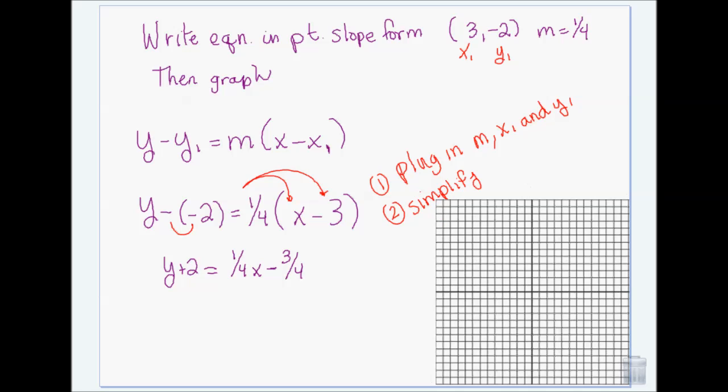So I have 3, -2. I'm graphing this point right here, the original point. The coordinate for this point is I go to 3 on the x-axis and then -2 on the y-axis.